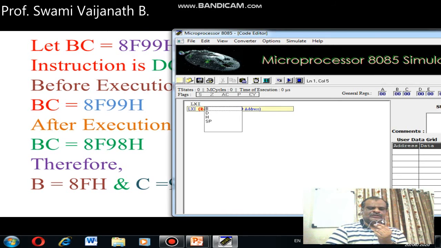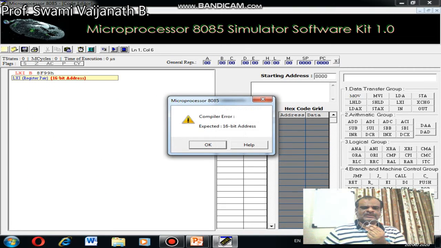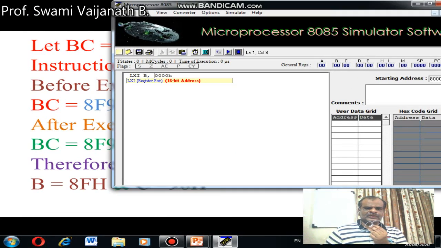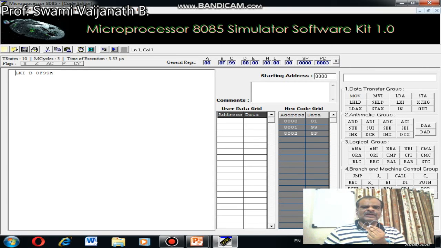What is the value of the BC pair? I initialized BC as 8F99H and then execute this instruction.